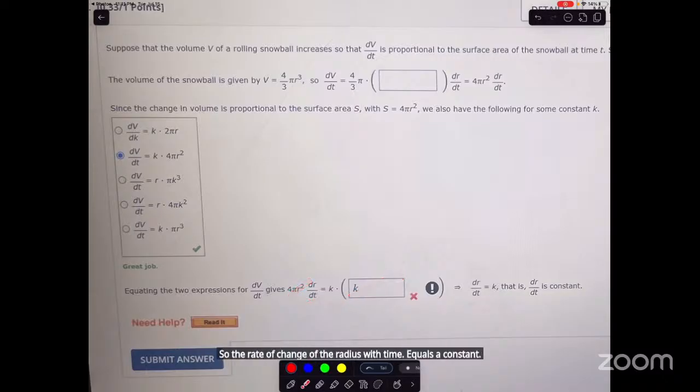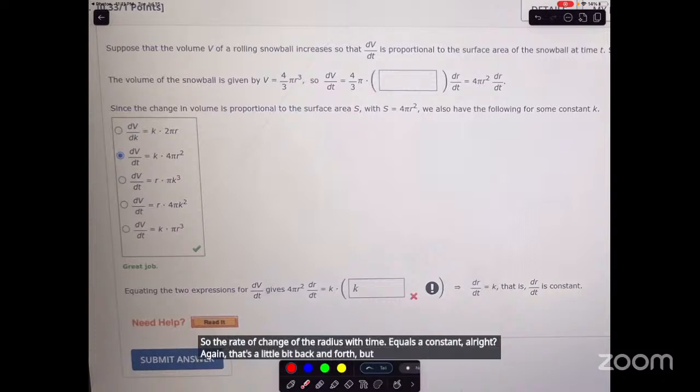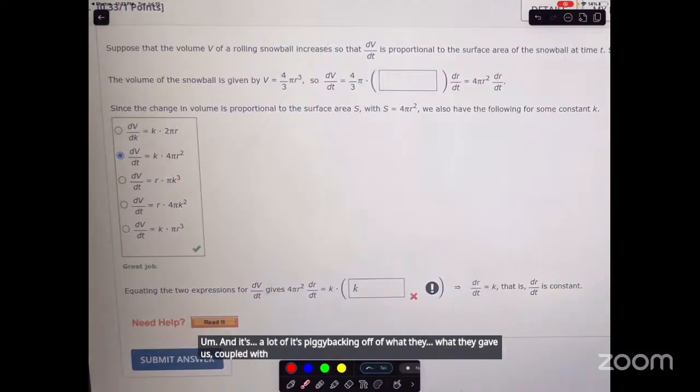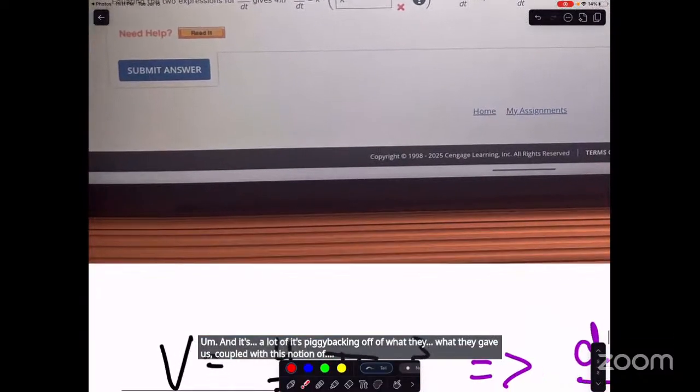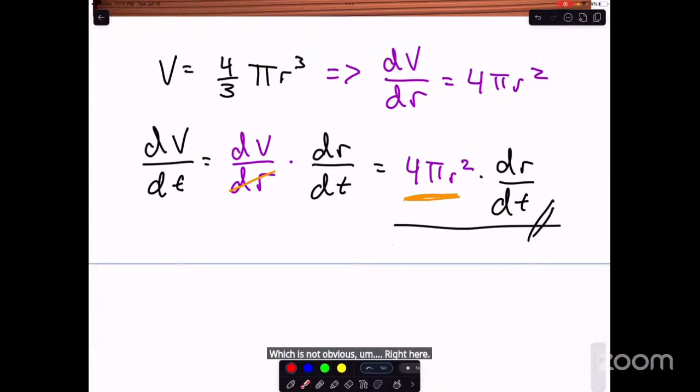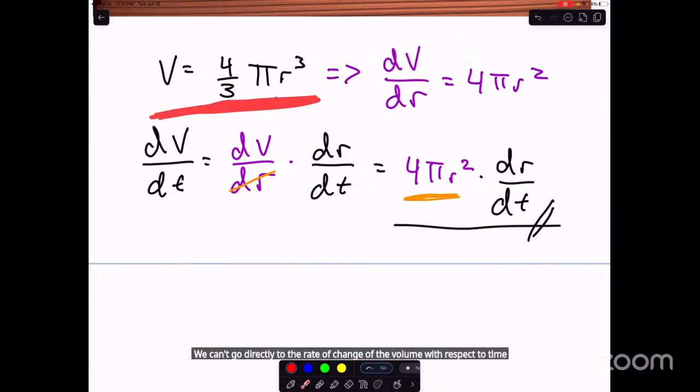This is a little bit back and forth, but that's about the best I can do. A lot of it is piggybacking off of what they gave us, coupled with a notion which is not obvious. It takes a bit of a stretch to see that we can't go directly to the rate of change of the volume with respect to time because there's no t.